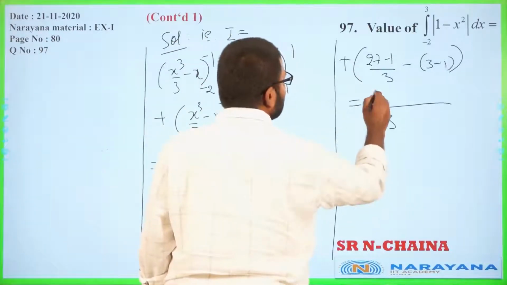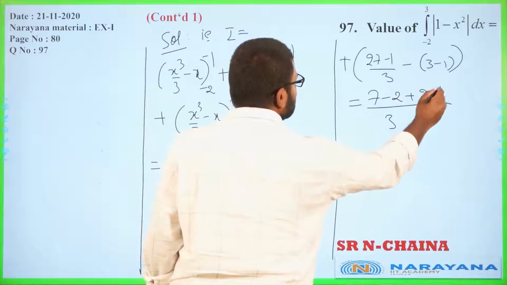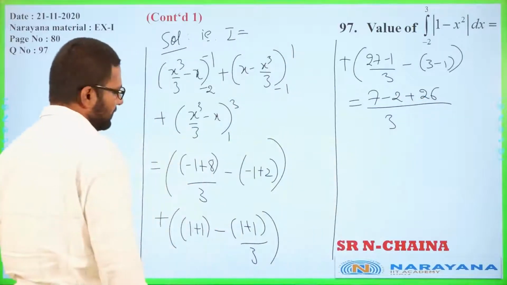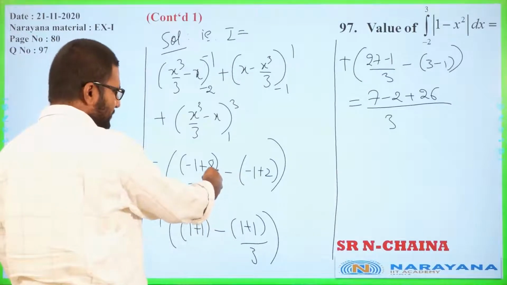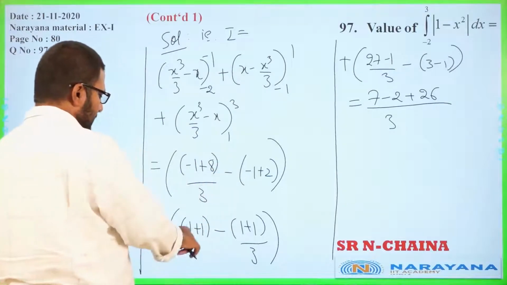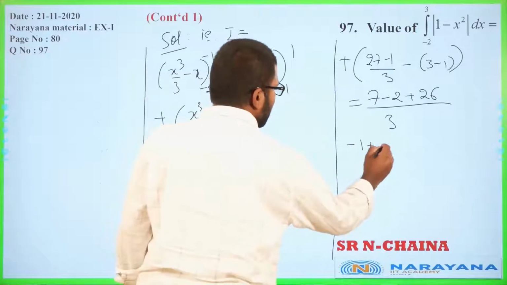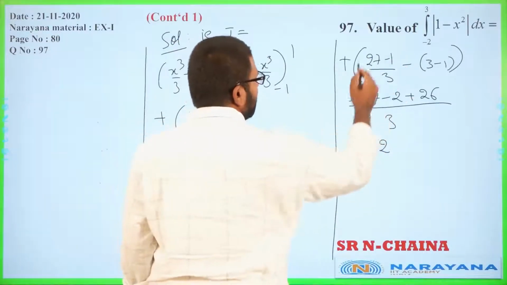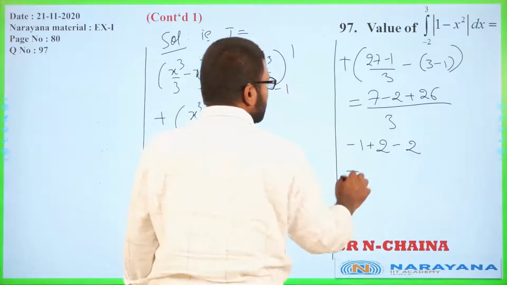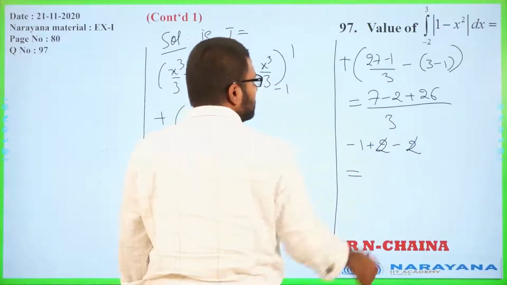So upon 3 we have 7 minus 2 plus 26, and then what about the rest of the numbers? This is 1 with a minus sign, so minus 1, and then plus 2, minus 1 plus 2, and minus 2. So these two will get cancelled.